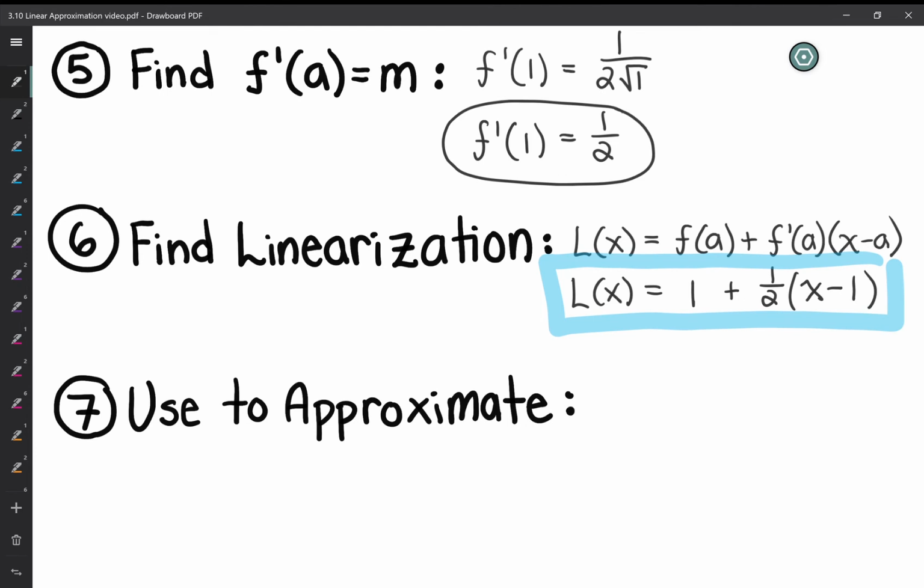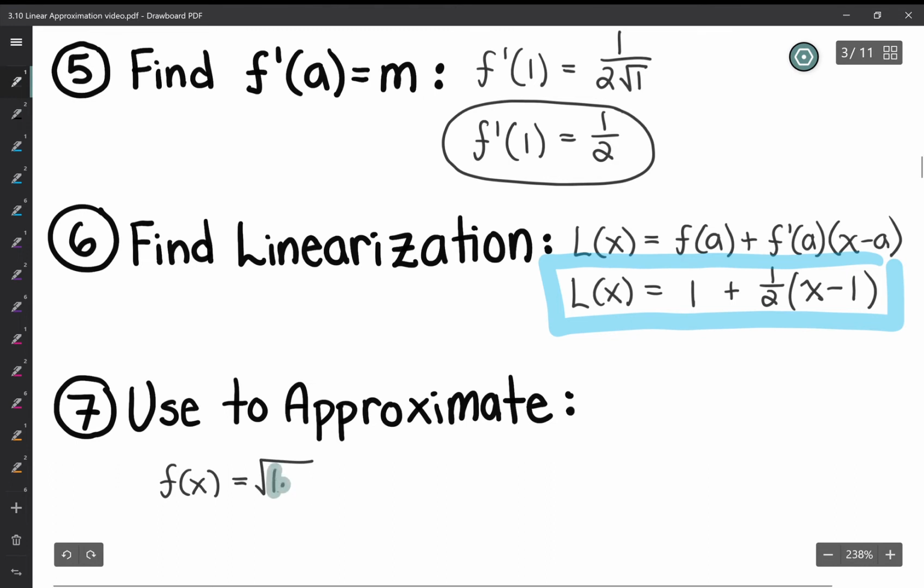This question asks us to approximate f of x equal to the square root of just 0.5. So that means we're looking at x equal to 0.5.